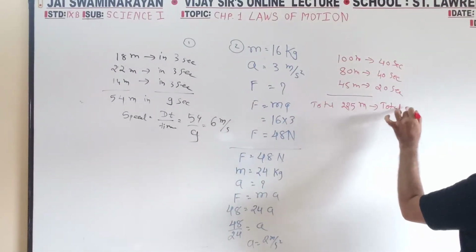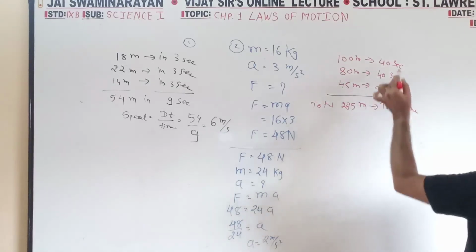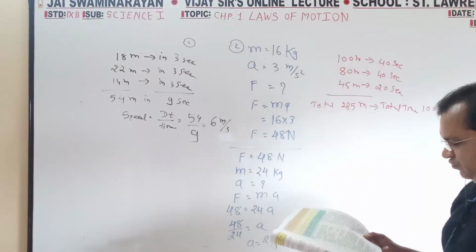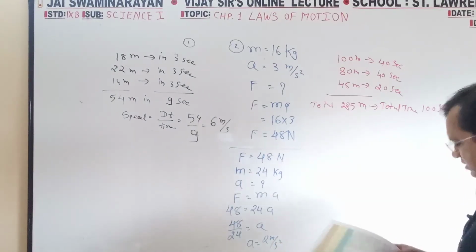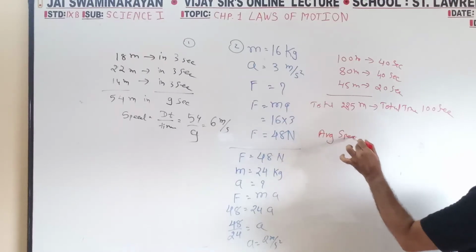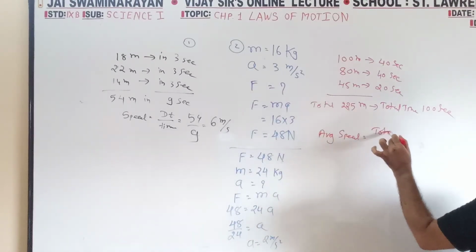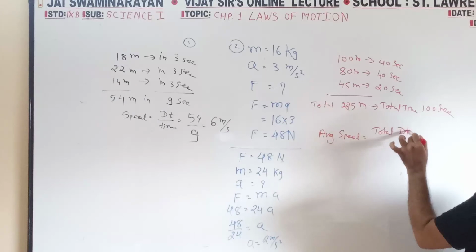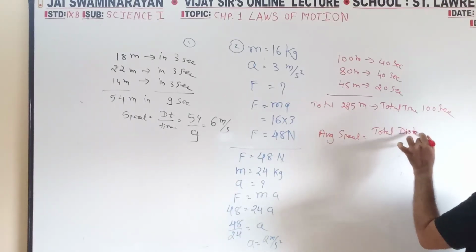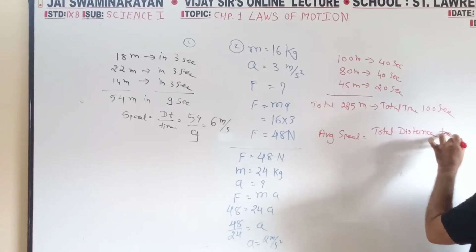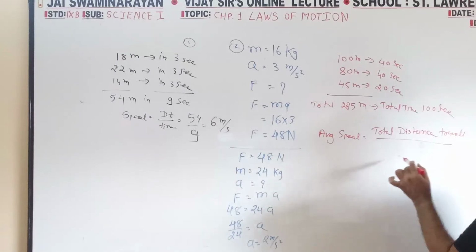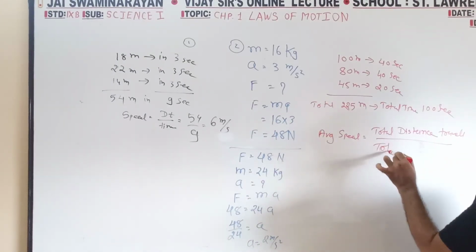Total time is 40 plus 40 plus 20, that is 100 seconds. So average speed is total distance traveled by total time taken.